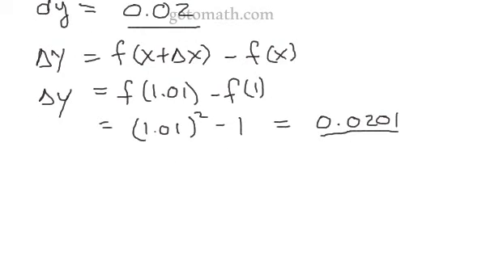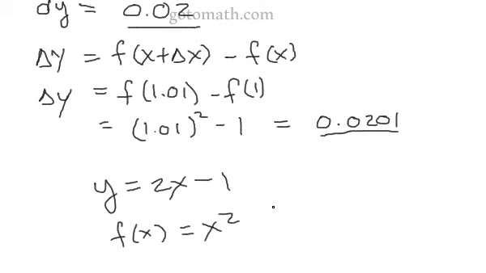So really what we could say is that our tangent line, which happens to be, I didn't construct the actual equation to the tangent line, 2x minus 1, is a good linear approximation or tangent line approximation to the graph of f of x is equal to x squared at x equals 1.